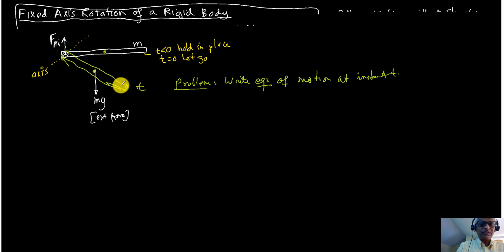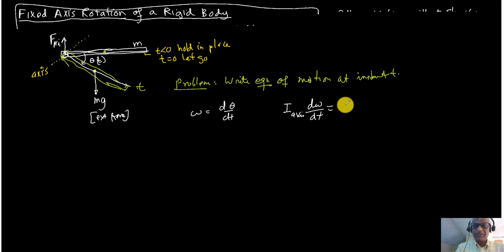Okay, so in terms of equations, this is angle theta at time t. So we have omega, and the definition is omega is d theta by dt, and the equation is I about the axis times d omega by dt is tau net.